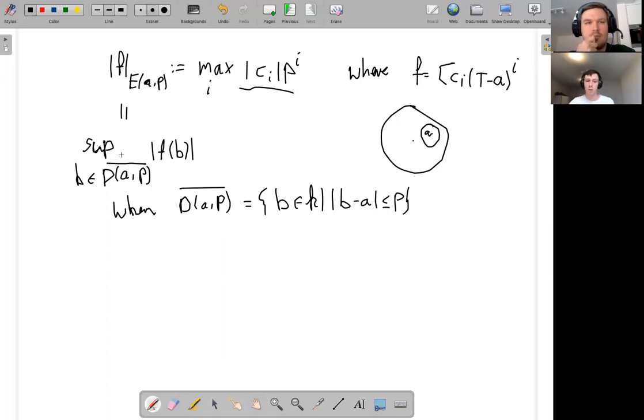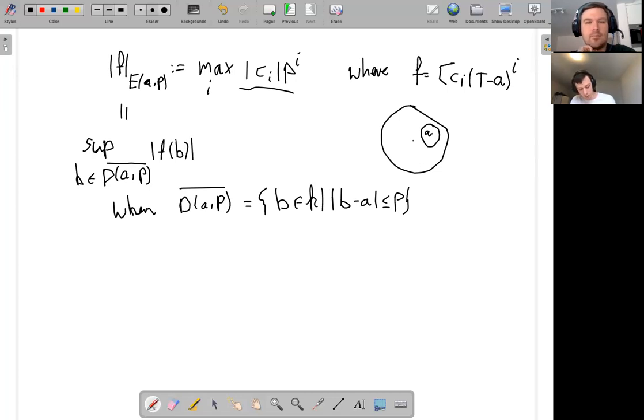This is essentially what I said before. So this is one definition, but you can equivalently describe this norm as: you plug in all values that lie within a range P from the point A, you evaluate f at these points, and you take the maximum of the absolute values that you can get in that way. So all of these are also semi-norms.